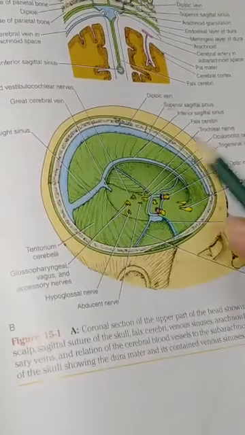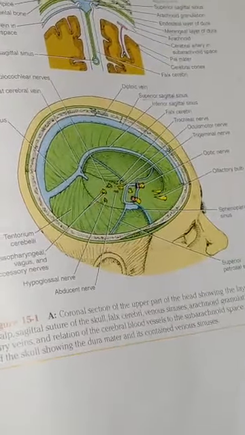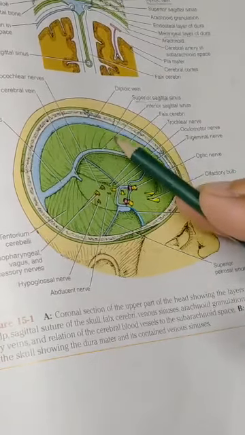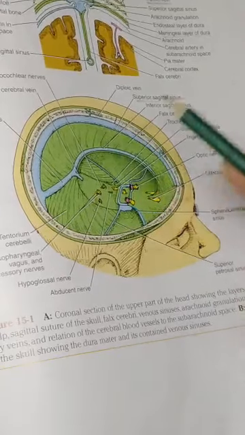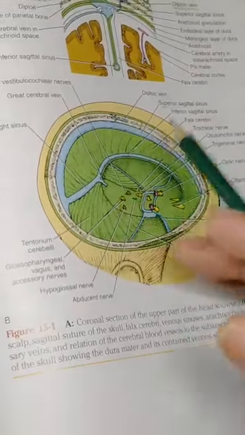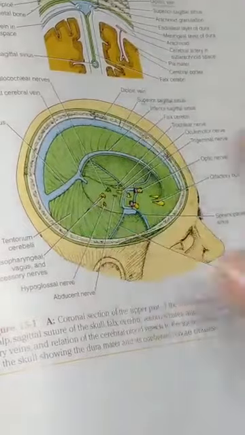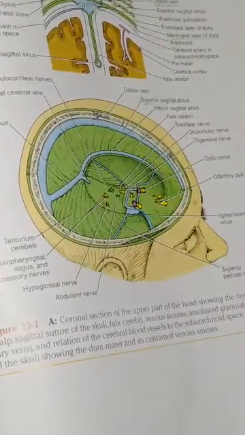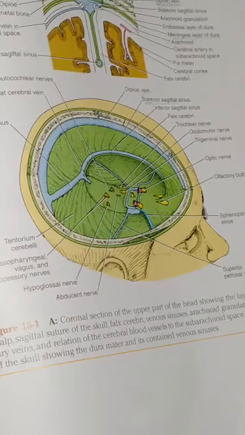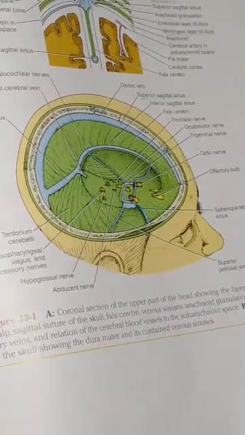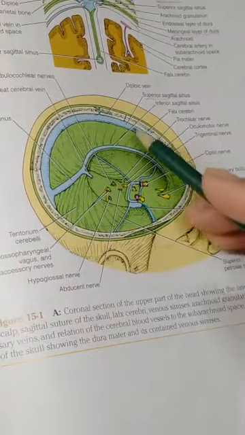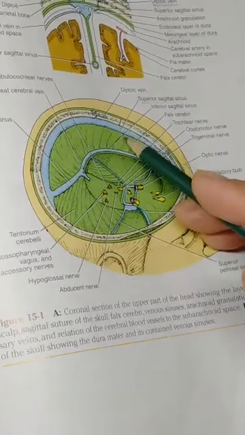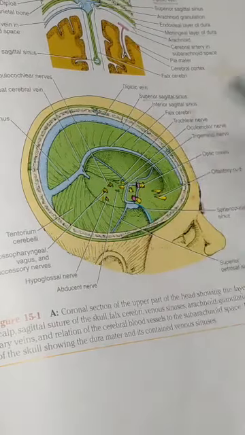Now, what is the clinical significance of this? These superior cerebral veins are small in size. They can be ruptured if you have a vigorous anterior displacement movement of the head during a vehicular accident, or there is a violent pressure on the back of the head. These veins can be torn, and when that happens, there will be bleeding.